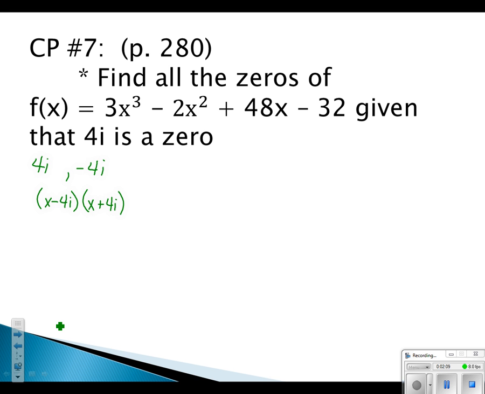Going ahead and doing my FOIL, I have x squared, a positive 4xi, a negative 4xi, and a negative 16i squared. Well, these two are going to take each other out, and I'm going to be left with x squared plus 16, because remember i squared is a negative 1.